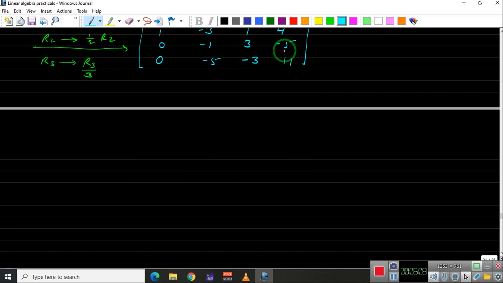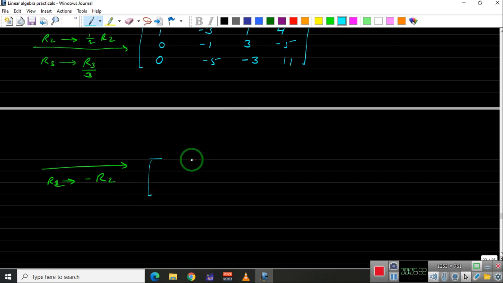You can divide throughout by minus 1 also. So R2 changes to minus R2, multiplying throughout by minus 1.